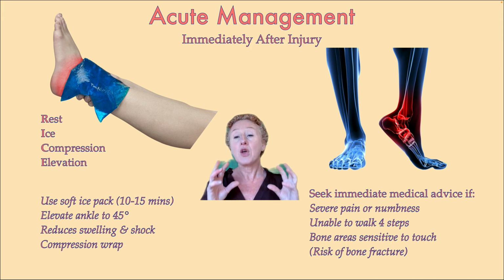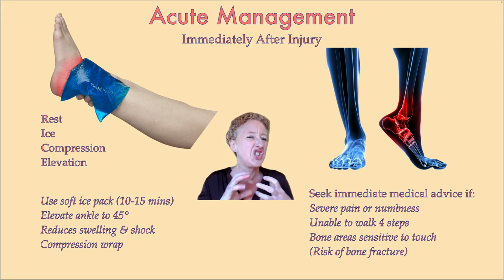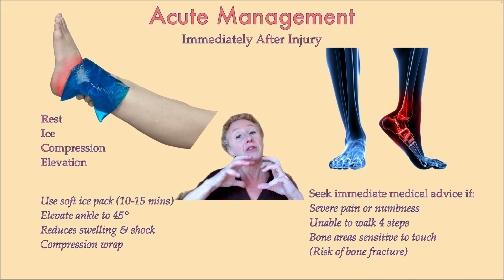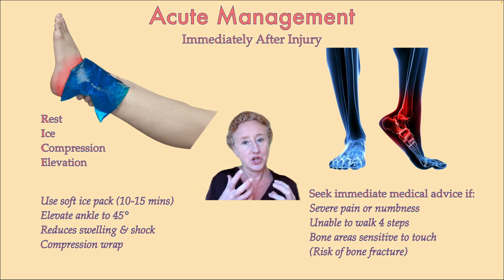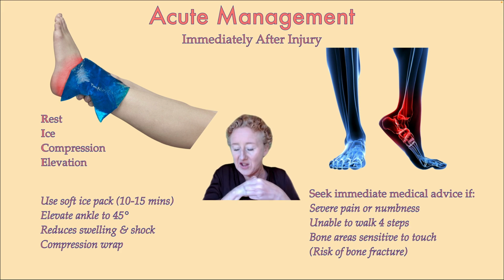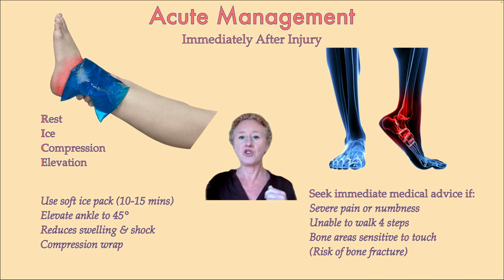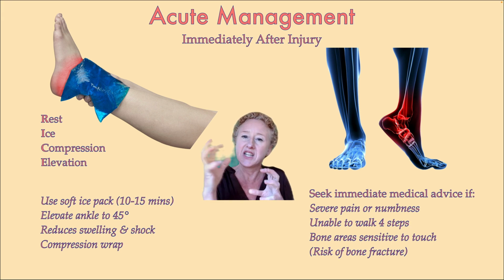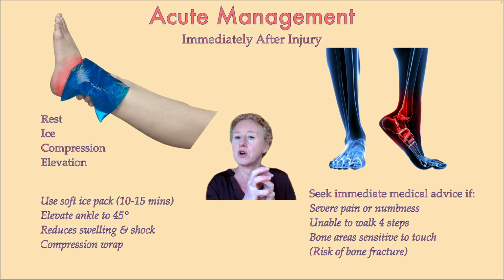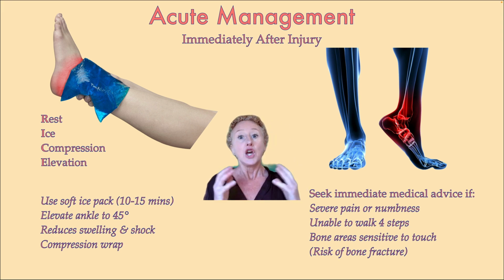And we want to use something like a gel ice pack or a bag of peas even. Something that'll mould and shape to the ankle. The ankle is bony and you've seen those ligaments are little tiny sort of straps. If you just had something solid, you wouldn't be able to actually target that ice around the structures that need it. So something that can wrap around your ankle is most useful.